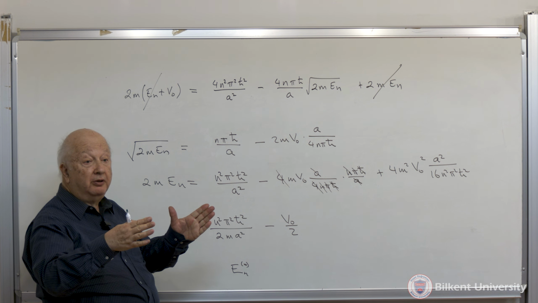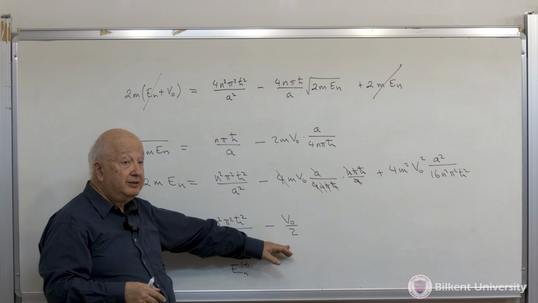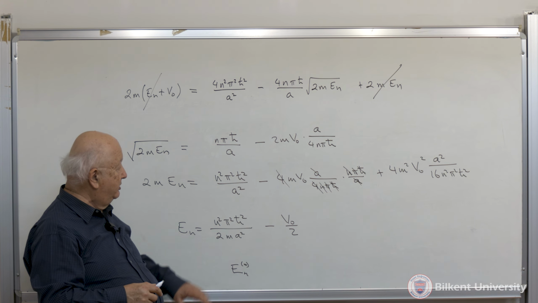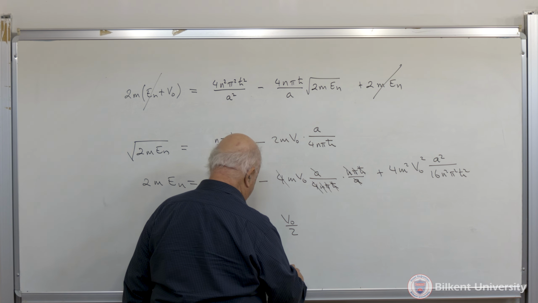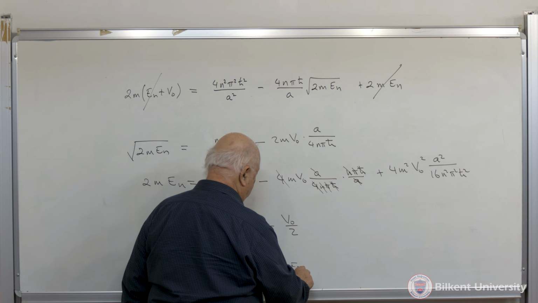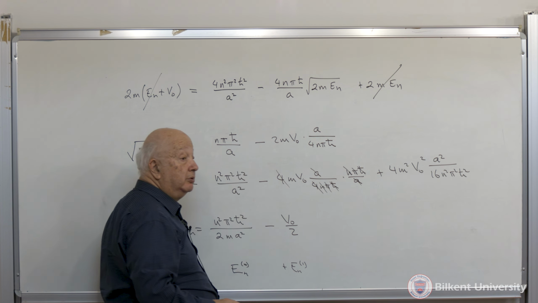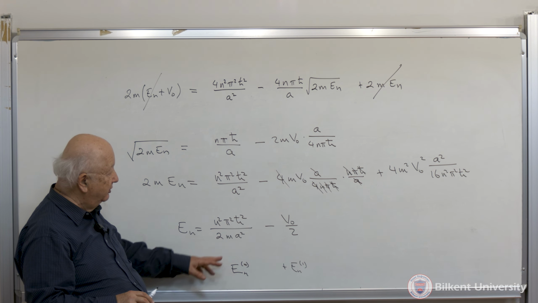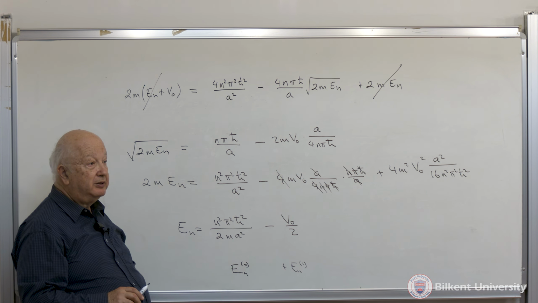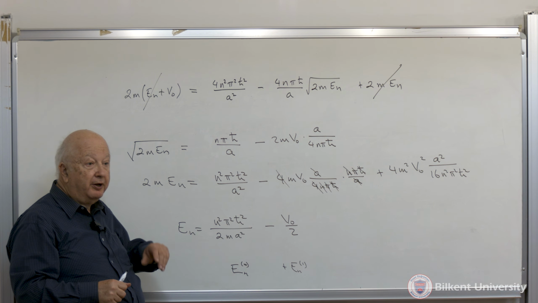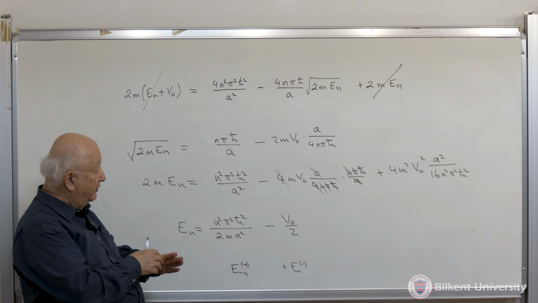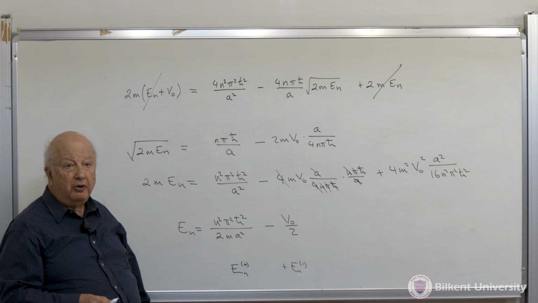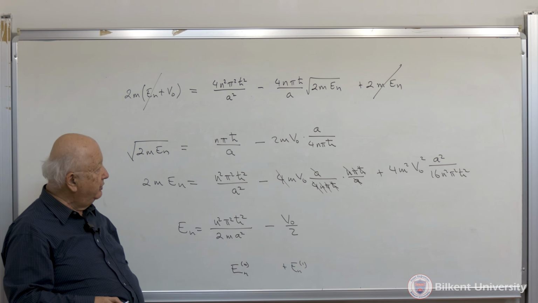Half of the box has potential V0, so it just brings it down. So this is like our E_n1, which we would get if we did first order perturbation theory. Half of the box reduces the potential by V0 over 2. If it was the full box, we would just get minus V0. But since it's half the box, we get just half of it.